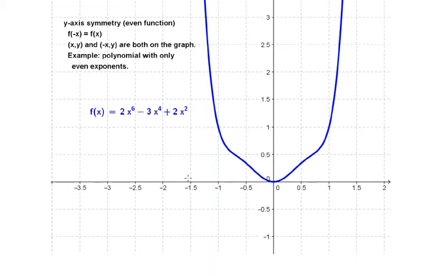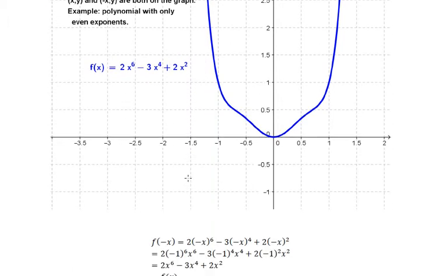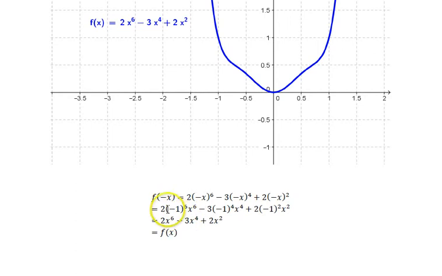Let's look at this algebraically. Here we evaluate our function in our example here at minus x, substituting minus x for x first, and then using the product rule of exponents, because negative x is the same as negative 1 times x, so this becomes negative 1 to the sixth, x to the sixth.